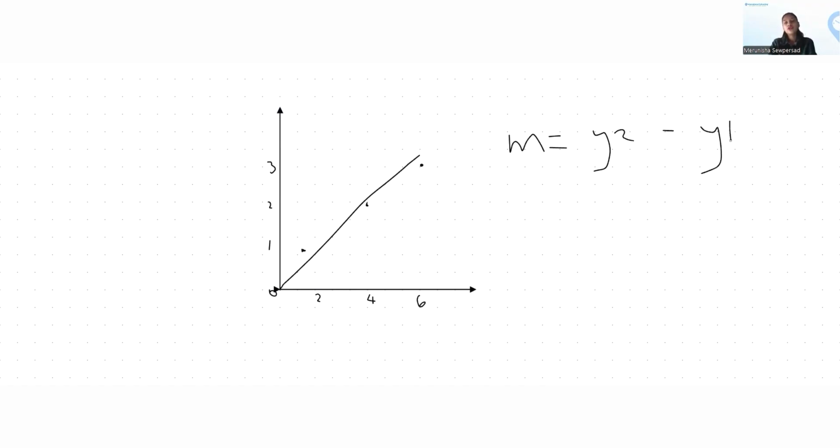All right, so remember, before we go through this, the symbol for slope in the y is equal to mx plus b situation is m. So m is the slope. Now, y2 minus y1 divided by x2 minus x1. What we're going to do is take any 2 points that you like. Okay, so let's say maybe I like point 4 and 2.